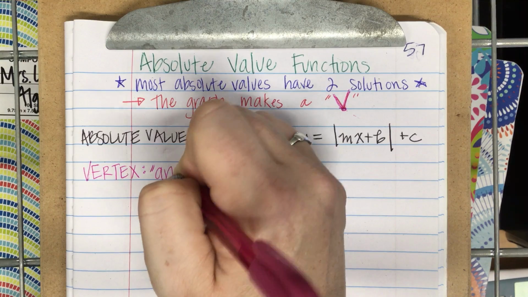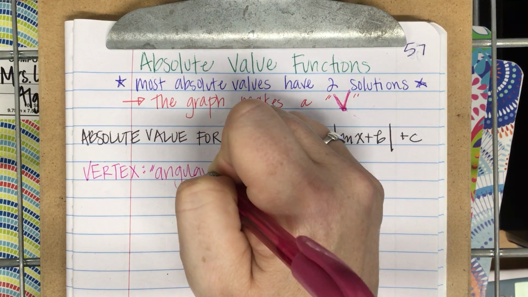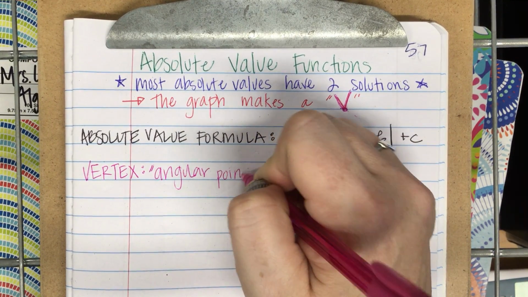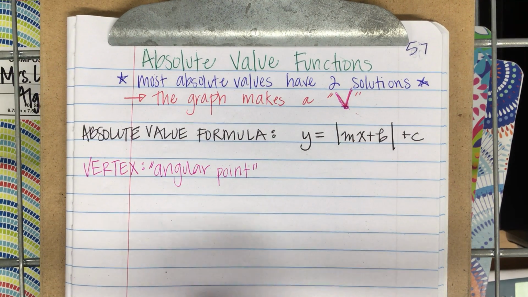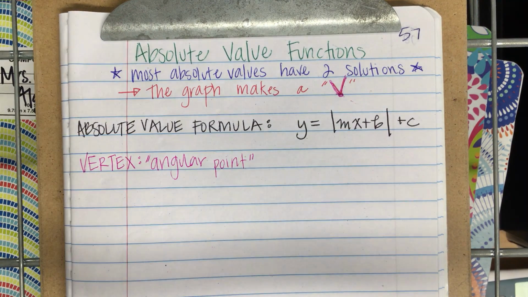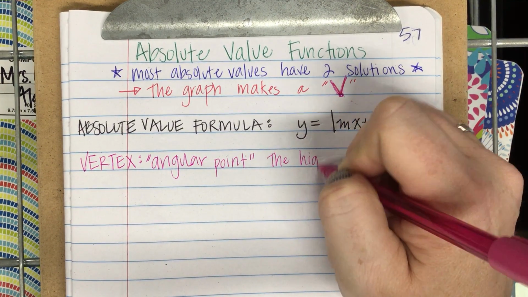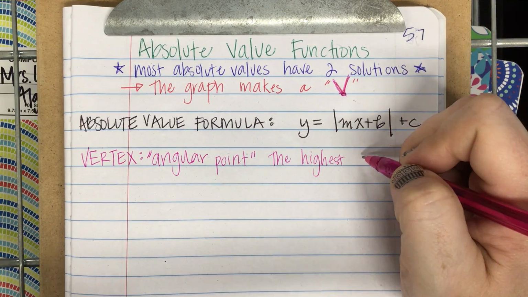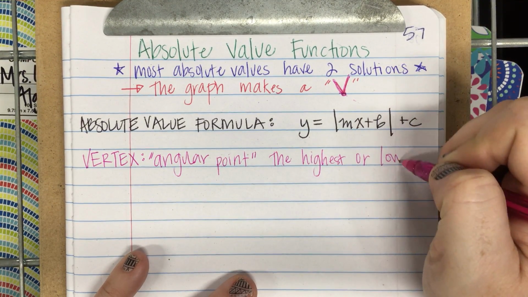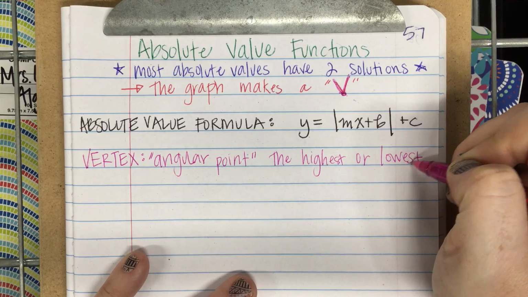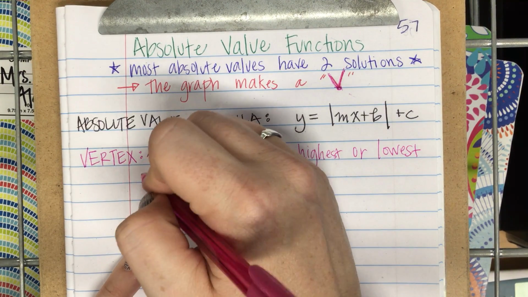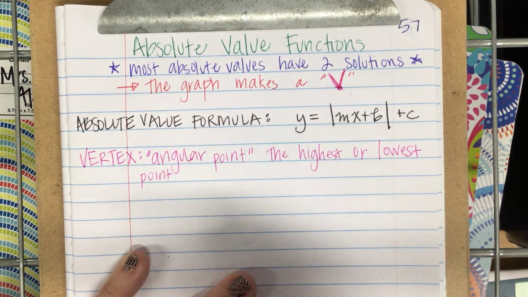Vertex is an angular point. It's where it changes direction. It's the highest or lowest point.